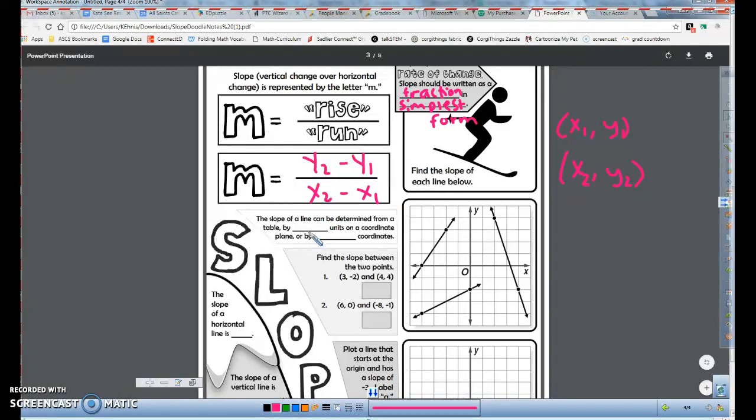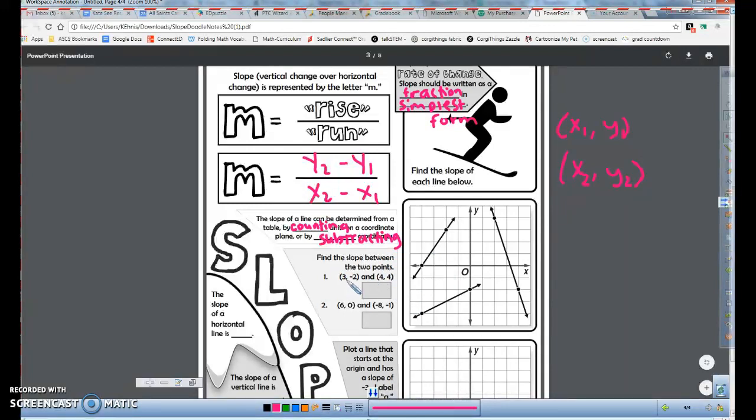So the slope of a line can be determined by counting units on the coordinate plane, or like we're going to do up here, by subtracting coordinates. Okay? So let's find the slope between 2 points.